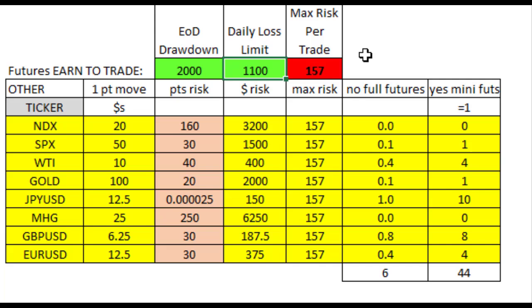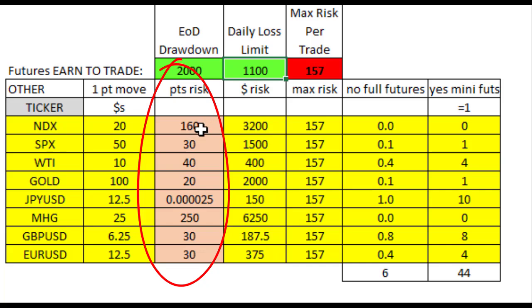So then you're going to say, well, how do I put that into an actual market that I want to trade? So down the left here we've got some tickers: Nasdaq, S&P, crude oil, gold, Japanese yen, copper, the British pound and the euro there. Put their basic 1 point dollar moves, and here we've got the point risk.